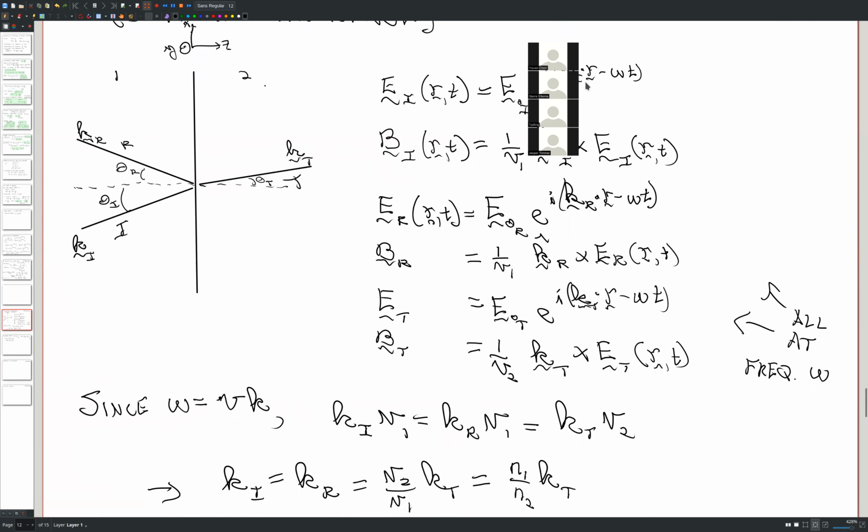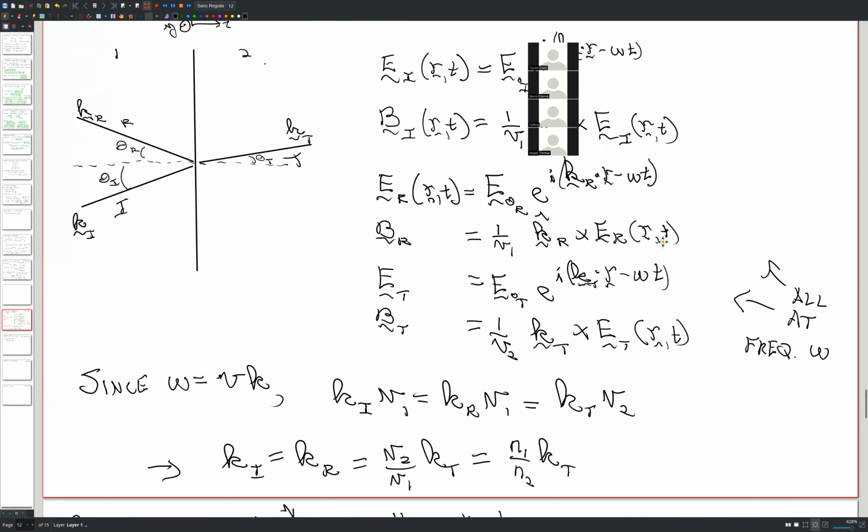But in here, I still have some x and y. And this equality has to hold irrespective of the x and y. So in order for that to work, whatever function of x I have in one has to be the same function of x in the other and the same function of x in the third one.